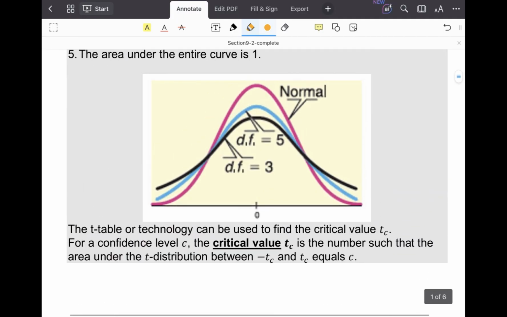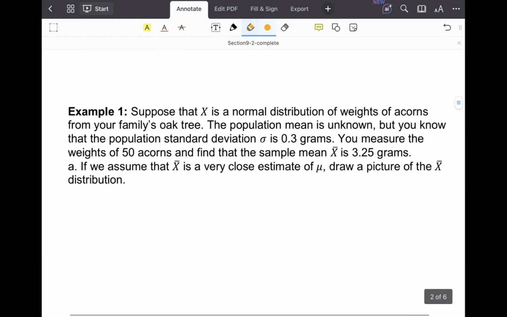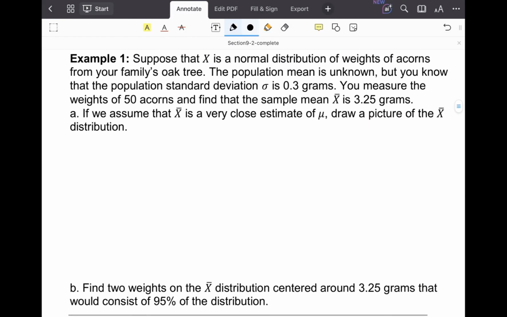Okay, now before we actually use the t-distribution, I want to go through a quick example to hopefully make a connection to what we did in chapter 8 and to the confidence intervals we're developing in this chapter. It says, suppose that x is a normal distribution of weights of acorns from your family's oak tree.